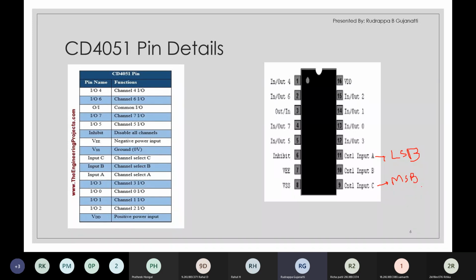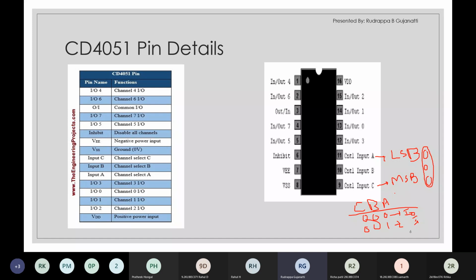So if it is ABC, that is CBA, C is the MS bit, B is in between, and A is the LS bit. If it is 000, then pin number I0 is selected, and if it is 001, pin number I1 is selected.